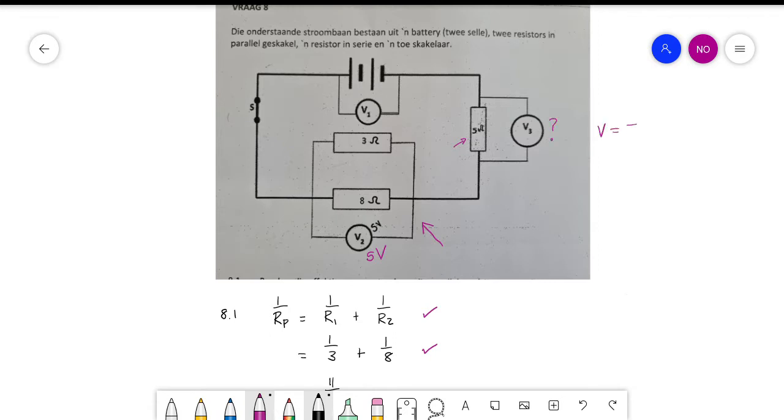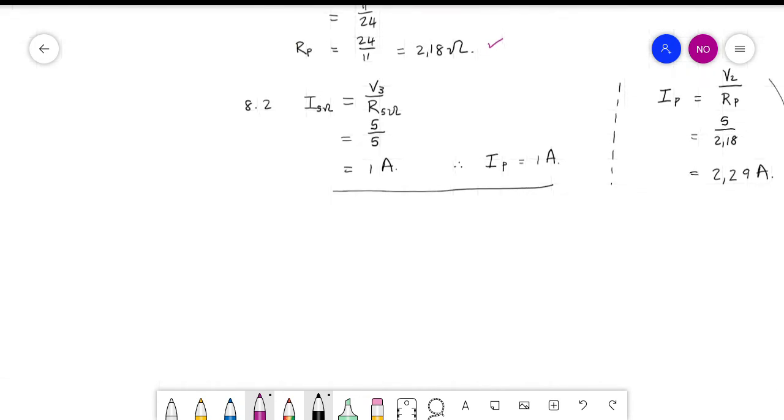How can I work out the reading on this one? I need current strength times resistance. Do I have the current flowing through the 5 ohm resistor? Yes, because the total current flowing through the parallel component will be equal to the current flowing through the 5 ohm resistor. So the reading on voltmeter 3 is equal to the current times the resistance of the 5 ohm resistor.